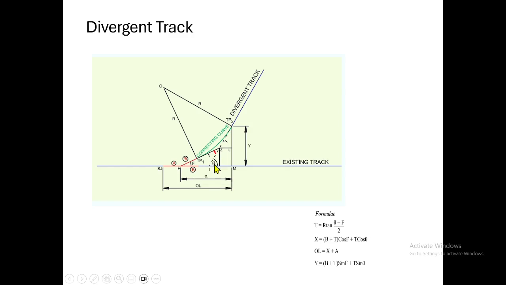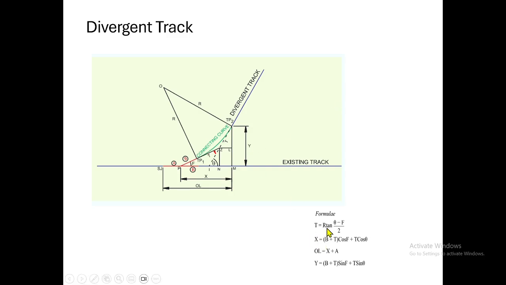That means this plus this equals this, so we want this minus this. That means theta minus f will be the deflection angle. Once we know the deflection angle and r, we can get the tangent length. That's the formula; first we are finding the tangent length.